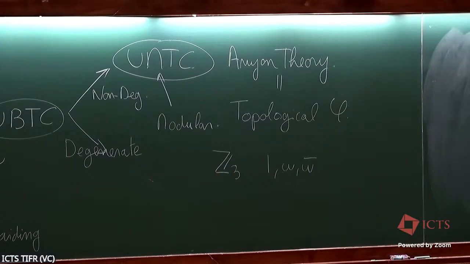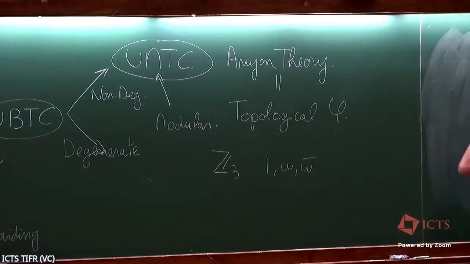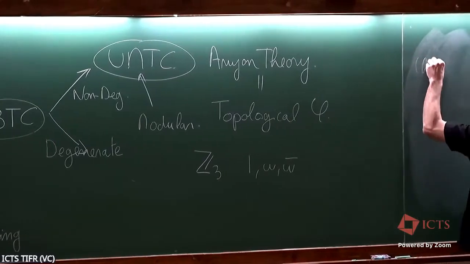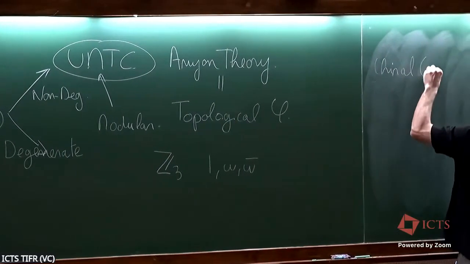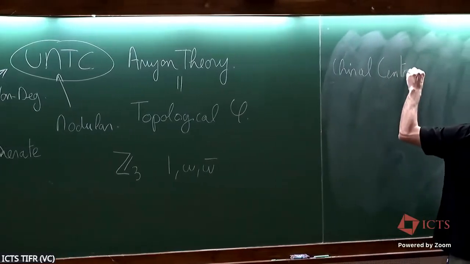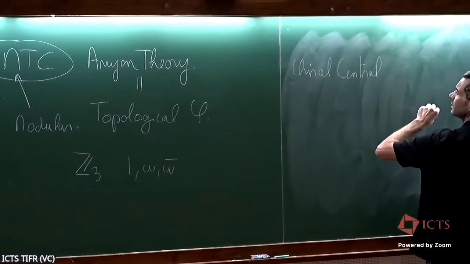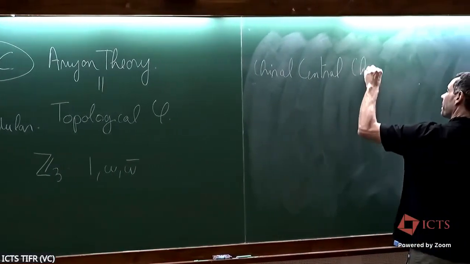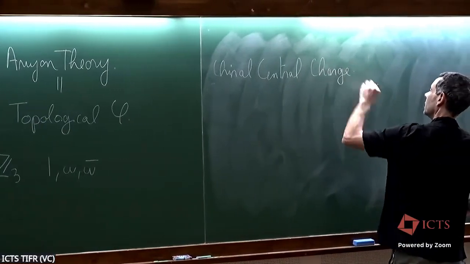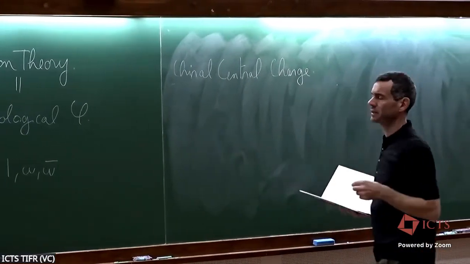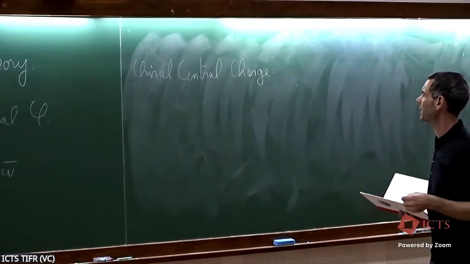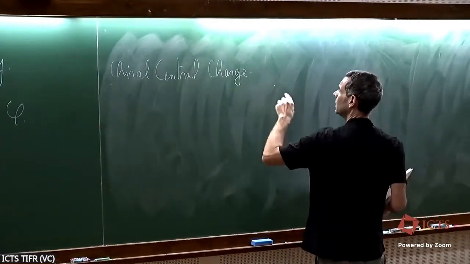One property which can be extracted out of that is the so-called chiral central charge. Experts in CFT know that certainly better than I. In the context of unitary modular tensor categories, it is only defined modulo 8.